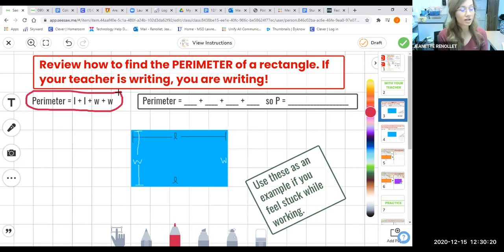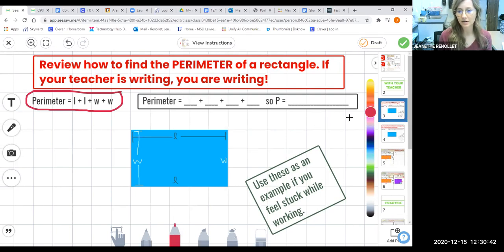We know that we can do this to find the distance around the shape. Look at the example in front of us. We have a rectangle. I do not see a length or a width. So I need to count to see what the width is, what the length is.